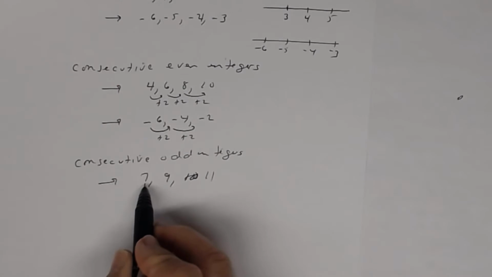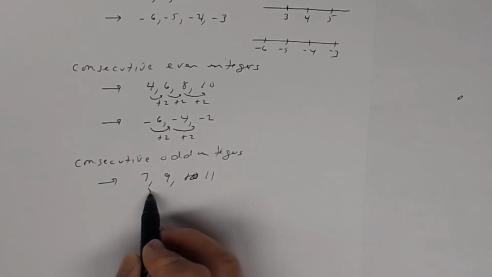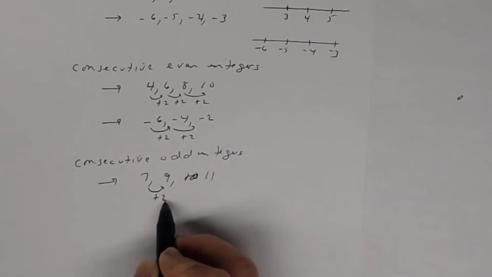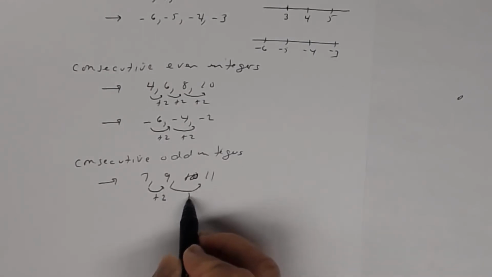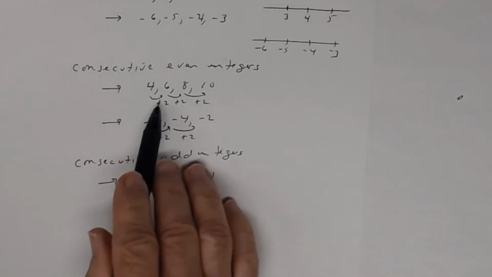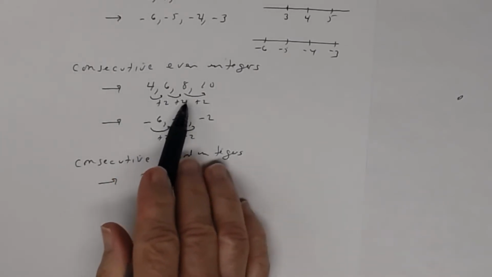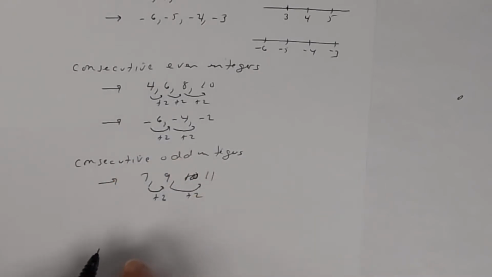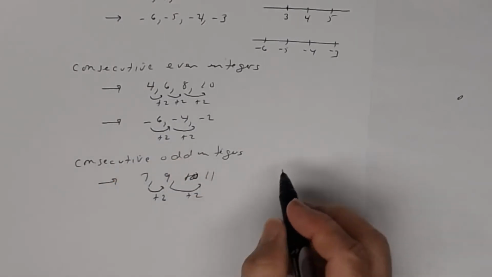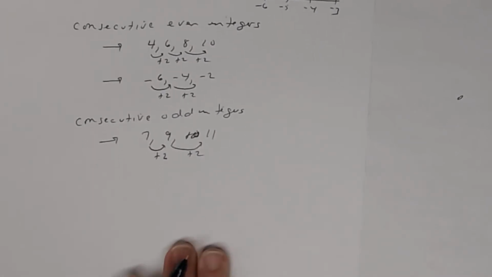If I have 7 and I want to go to 9, what do I need to add to 7 to get 9? I need to add 2, right? And to go from 9 to 11, I need to add what? 2 as well. So adding 2 is the same with getting to the next even integer as you would with the odd integer, because they differ by 2 units, right? They differ by 2.